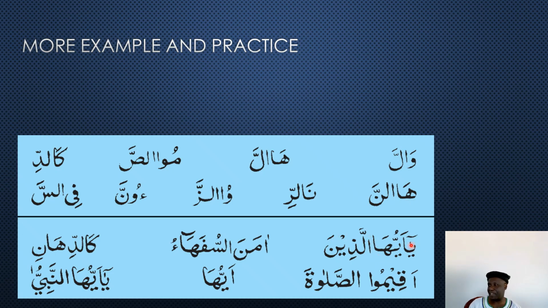So this letter here, as we can see, we're going to say ya. Then there's a ya here again with a shadda dhamma, right? Ya ayyu, ya ayyuha, ya ayyuha.